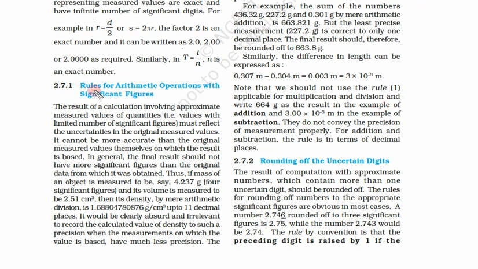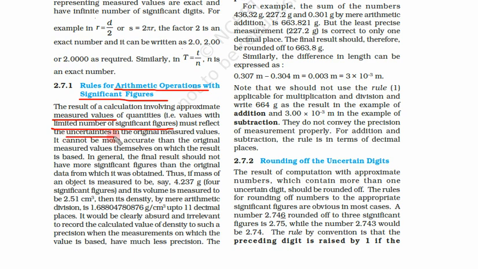Now let us understand the rules for arithmetic operations with significant figures, that means addition, subtraction, multiplication and division. Now we know that the result of a calculation involving approximate measured values, because these are not exact values, must reflect that uncertainty.